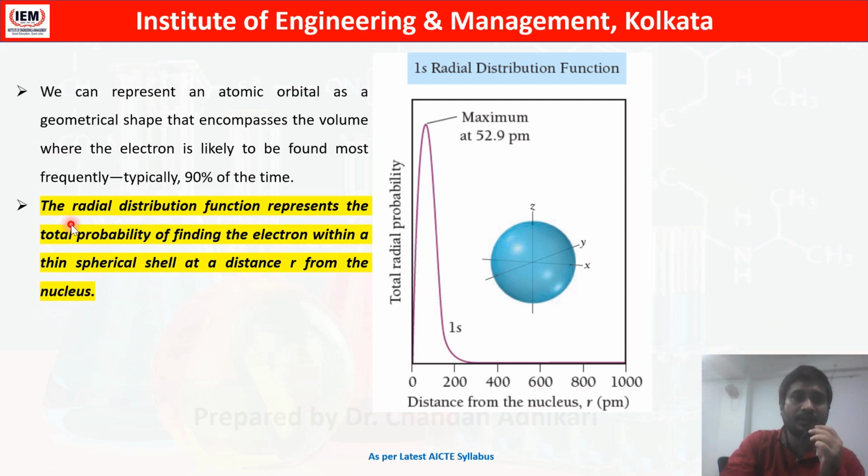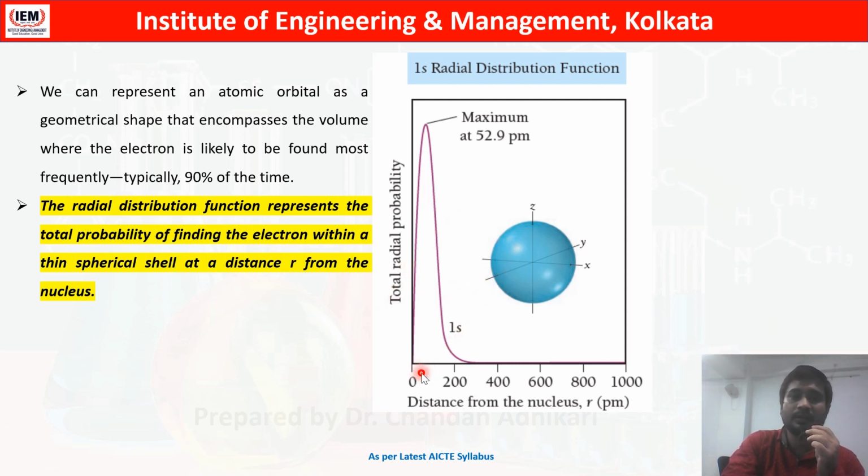Basically, what is the meaning of radial probability distribution? It represents the total probability of finding the electron. That means if we move from the nucleus, it tells us where the chances of getting the electron are maximum. That is told by this radial probability function.